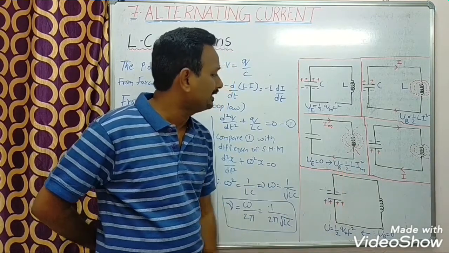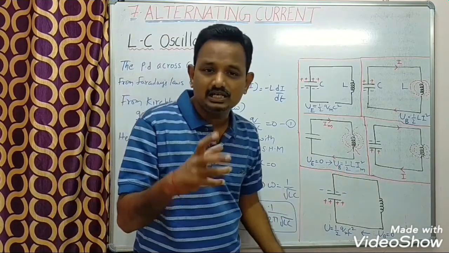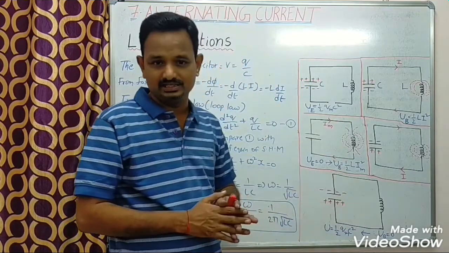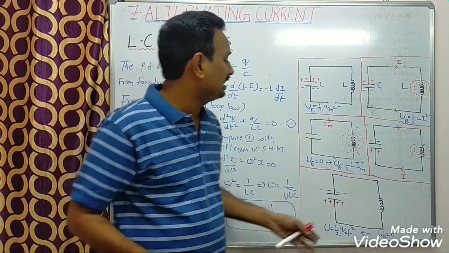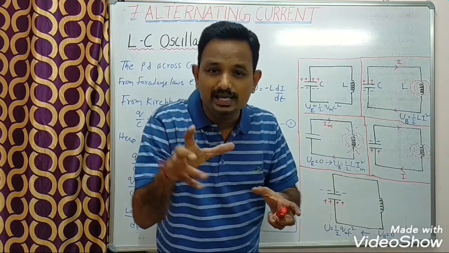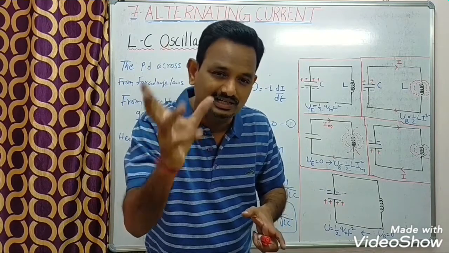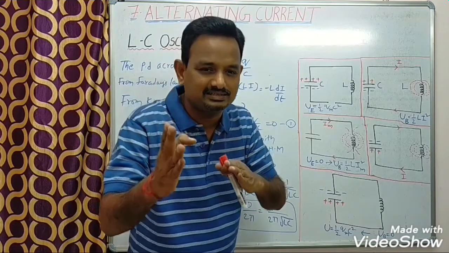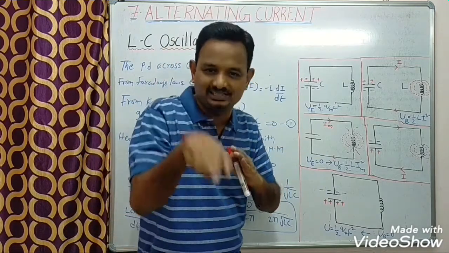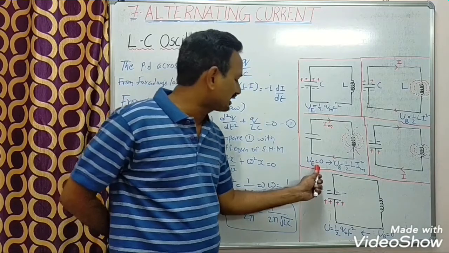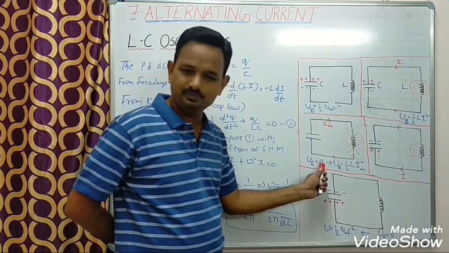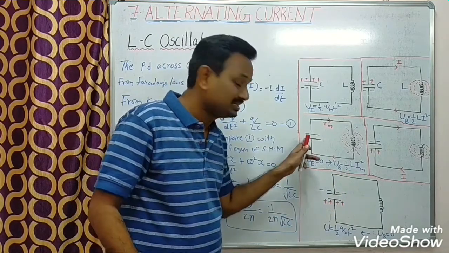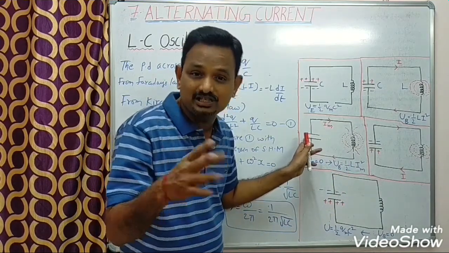So here what happened? Energy completely converted from electrical energy to magnetic energy. After that, there will be an induced EMF in that inductor. That inductor again recharges the capacitor in the reverse direction. Look here. Whenever the electrical energy is completely 0, it is converted completely into magnetic energy, at which the charge on the capacitor is 0.